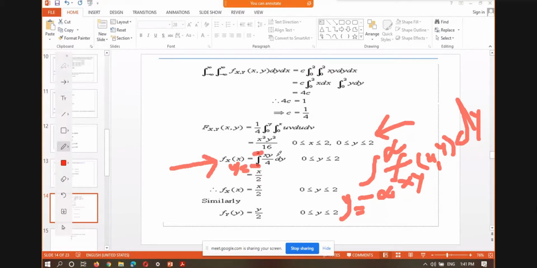For 2 you get 4 by 2, so 2 in the numerator, and there is 4 in the denominator, so finally you have x by 2. This is the marginal density function we have calculated from the joint density function. Similarly, you can calculate for y also. In that case, you have to integrate with respect to x.